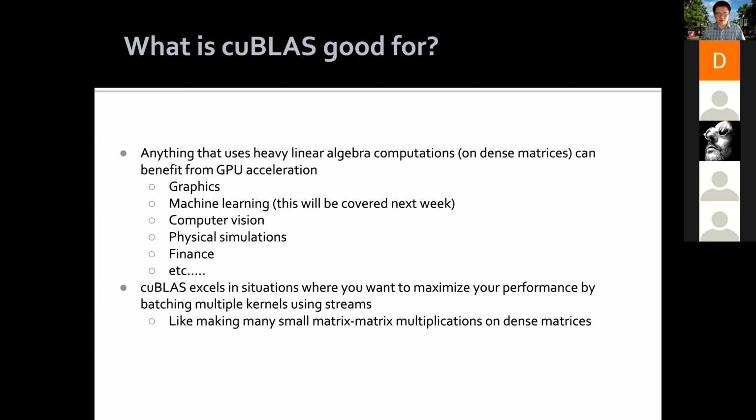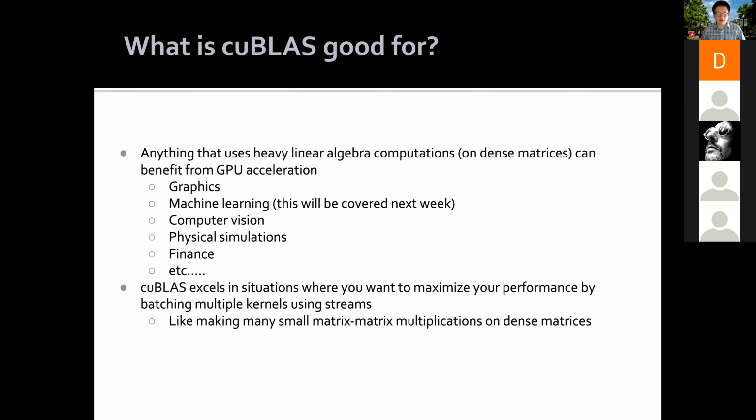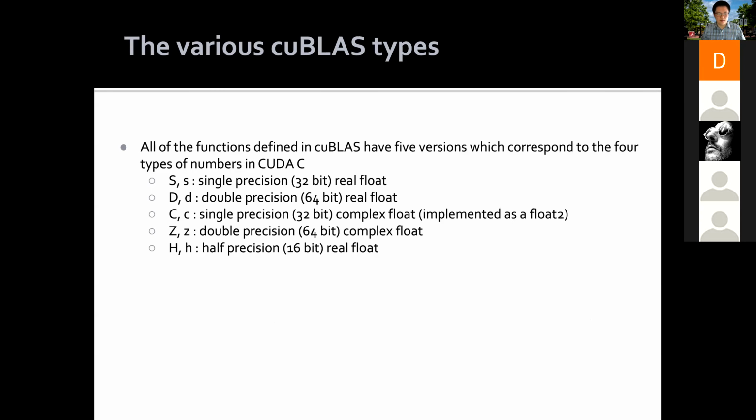But generally speaking, if you need to accelerate linear algebra operations, consider cuBLAS. Here is some notation: S means single, D means double, C means single-precision complex, and Z means double-precision complex.